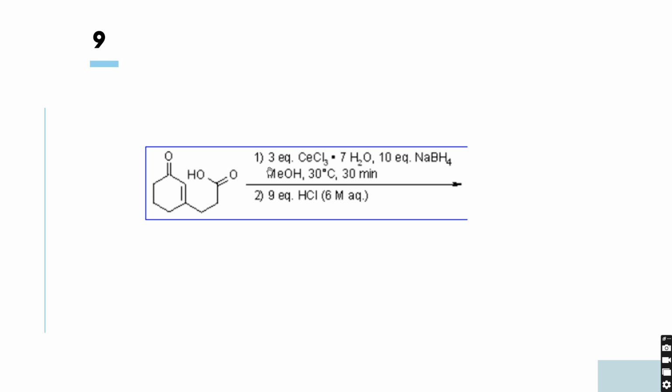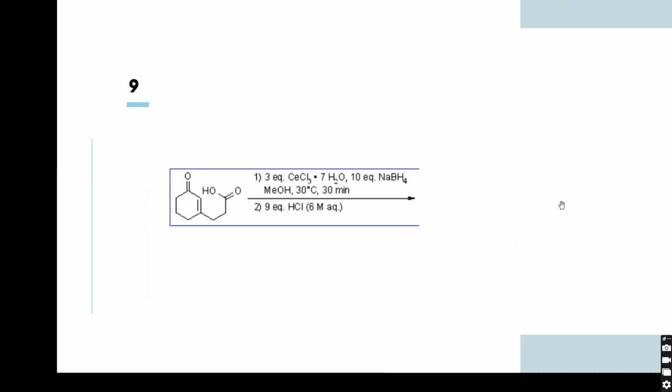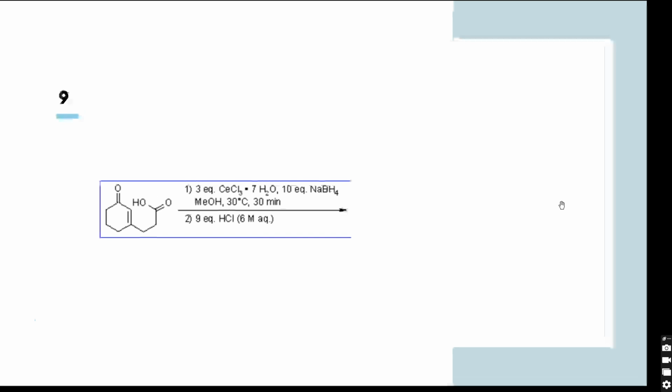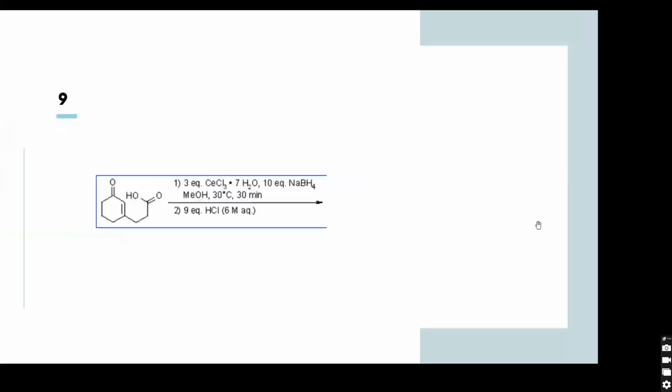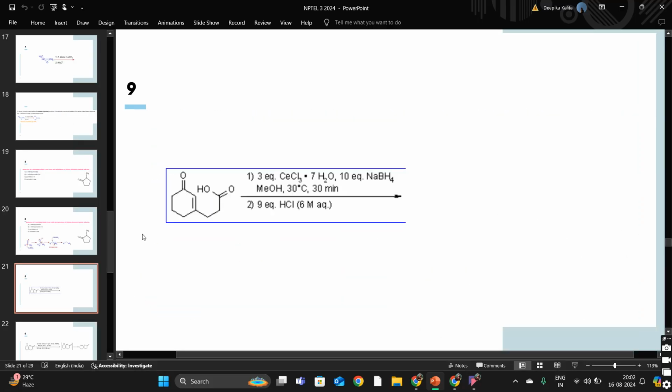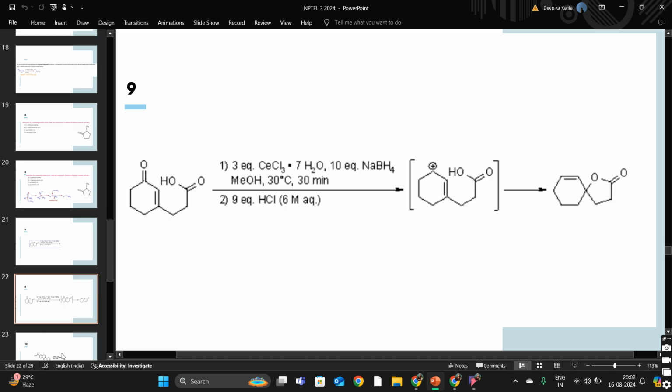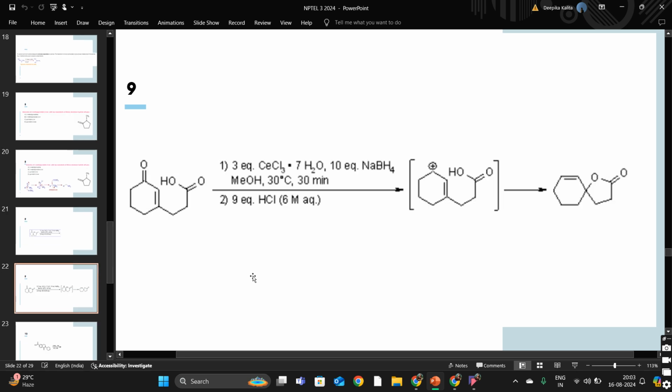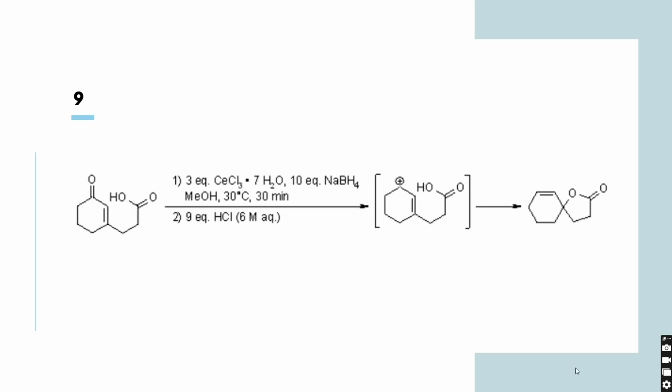So if you look at the reactivity of this substrate, you have to see that at first, as expected, your keto group will be reduced, and you will get an alcohol at this position.